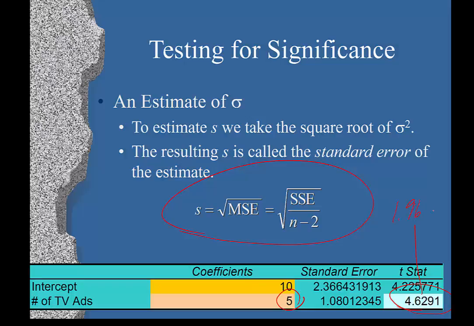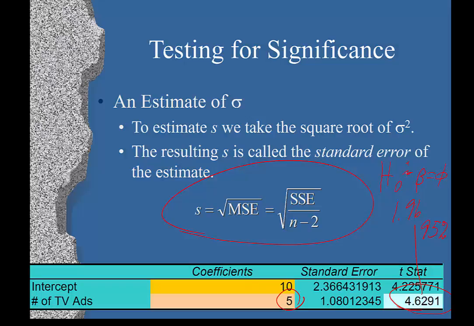But to see if we can reject the null hypothesis at the 95% level, that beta is equal to 0.